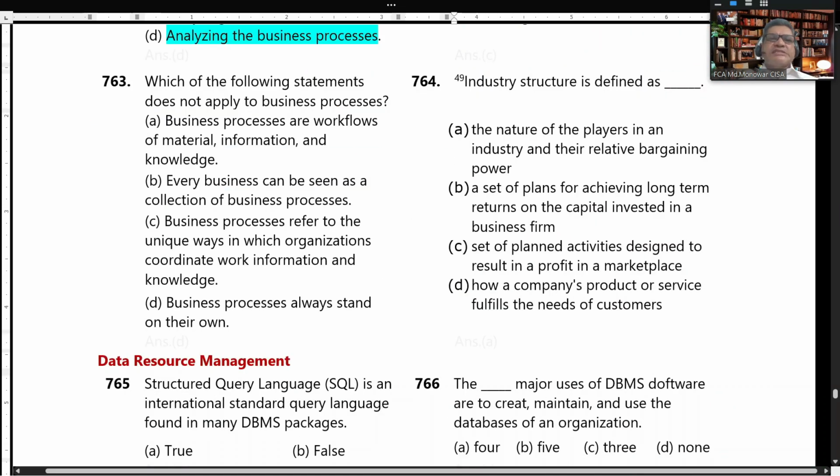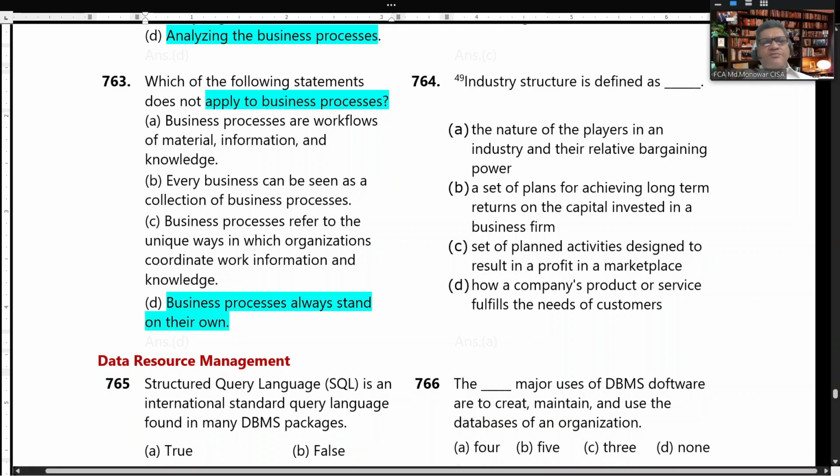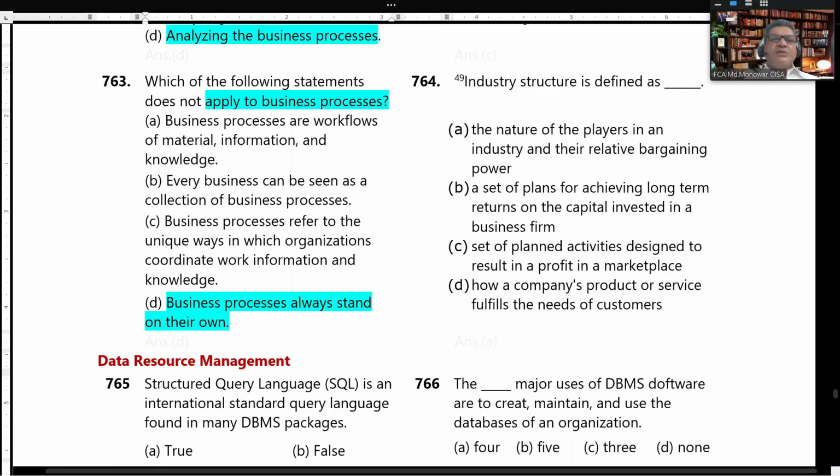Which of the following statement does not apply to business process? Business process always stand on their own. So here if we see all four, question is which of the following statement does not apply to business process? Business process এ এটা অ্যাপ্লাই হয় না। First, business process are workflow of material, information and knowledge.